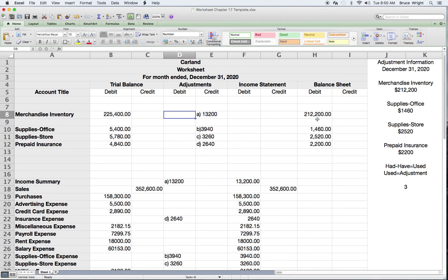Again, if merchandise inventory is more at the end of the fiscal period, we have to debit merchandise inventory in the adjustment to show we're adding, and our little a will go here, and income summary will be a credit, which means we will extend it over here to a credit. Now, do they show you that in the book?